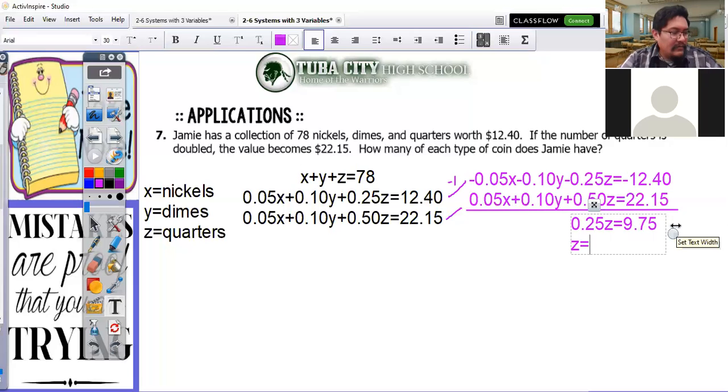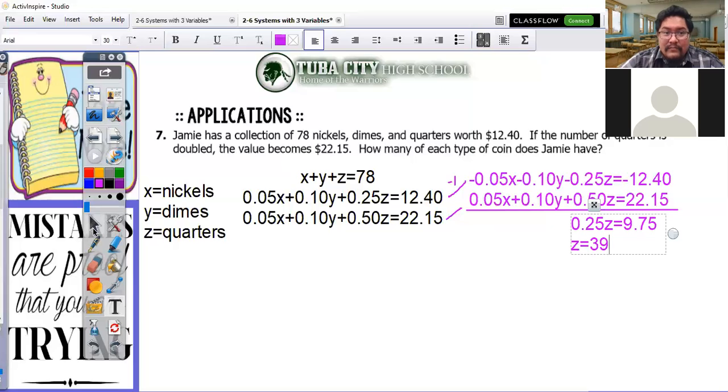And then divide both sides by 25, which would probably be like 39 because I know 40 quarters is $10. In fact, I'm pretty sure that is what it is. Yeah, it's 39. So Z is the number of quarters.